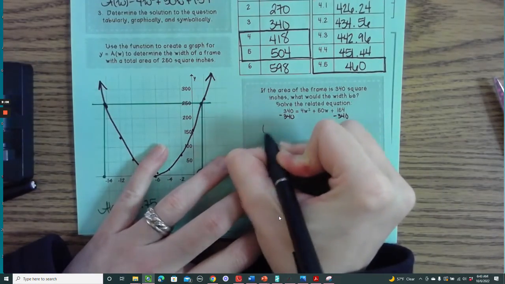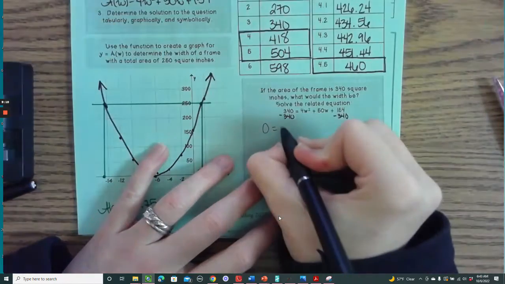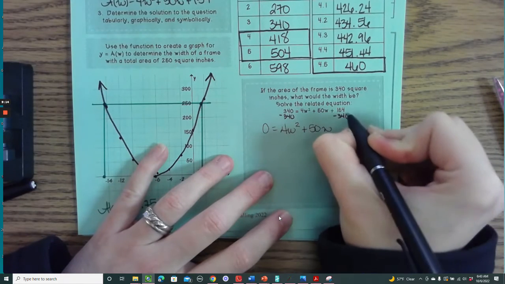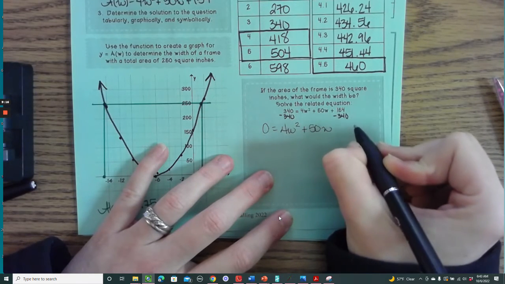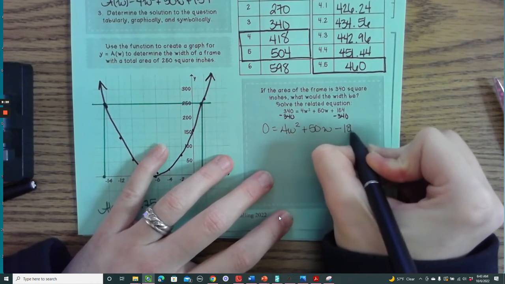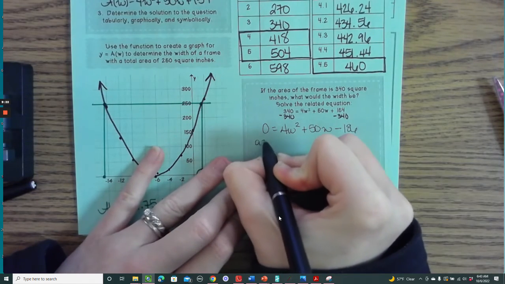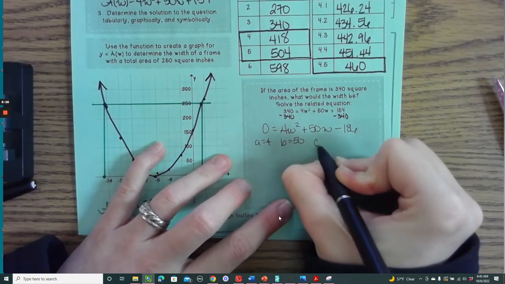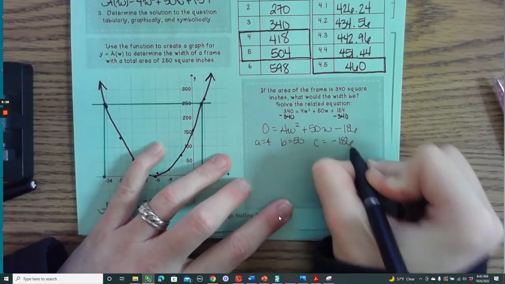So this side would equal 0: 4w squared plus 50w plus 154 minus 340 gives me negative 186. So I've got an A value of 4, a B value of 50, and a C value of negative 186.